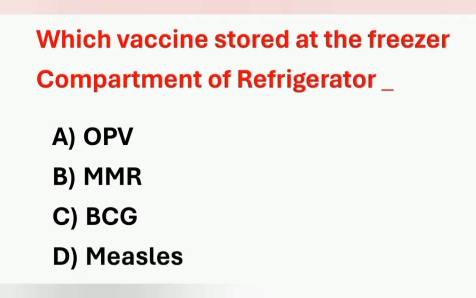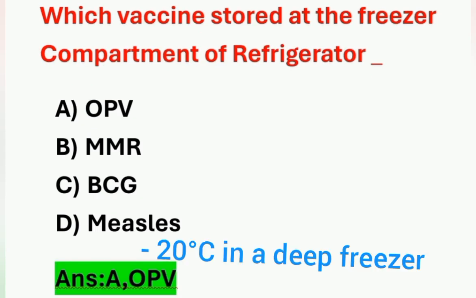And the next question, which vaccine is stored at the freezer compartment of a refrigerator? Options: option A OPV, option B MMR, option C BCG, option D measles. Among these, which vaccine is stored at the freezer compartment? It is oral polio vaccine.